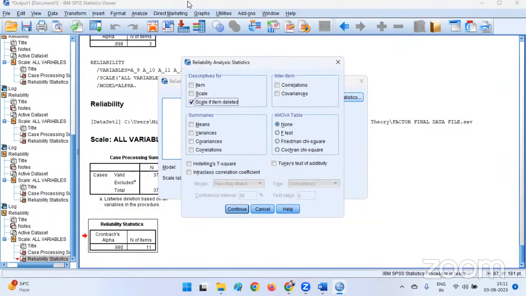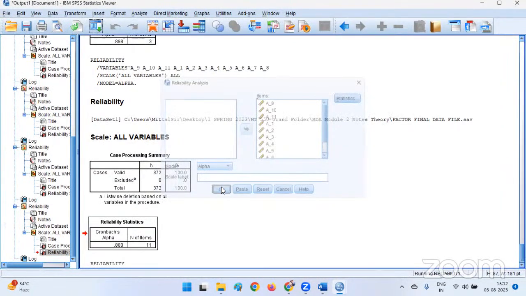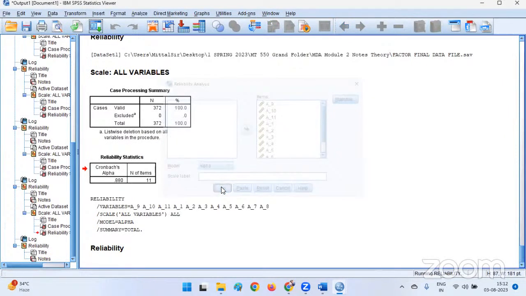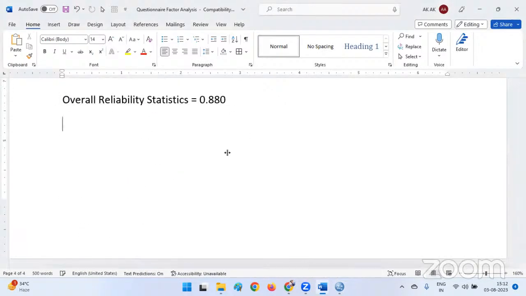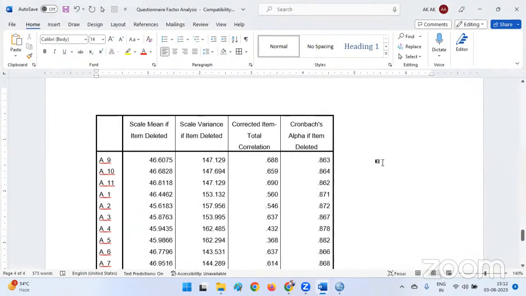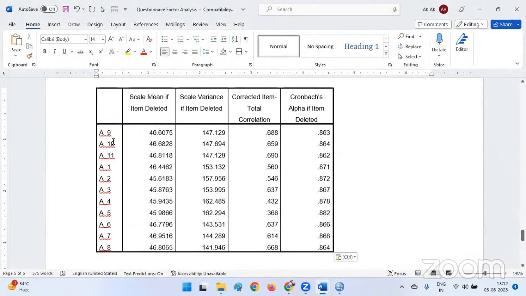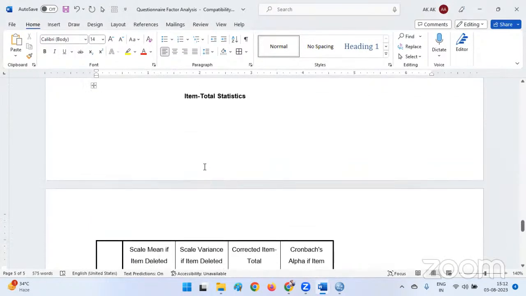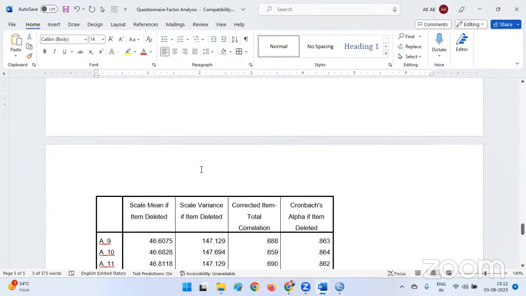Or item. Statement and item, one and the same thing. All right. So let's see. Continue. Scale if item is deleted. If I delete it, what is my total reliability, overall reliability? 0.880.